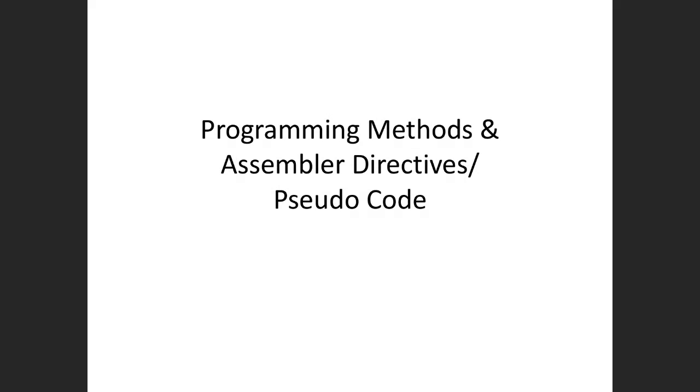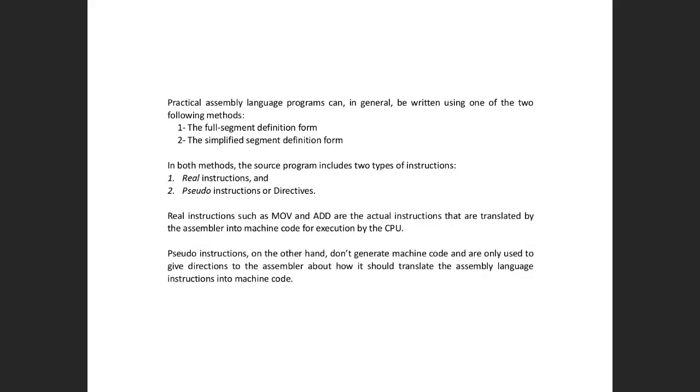In assembly language, how many ways can we write our program? We can write basically two ways. One is called full segment definition form, and one is called simplified segment definition form. I discussed simplified segment definition form in the lab, as we don't have long time in the lab, so we only practiced that, but we can write it in full segment definition form. We'll see it if possible.